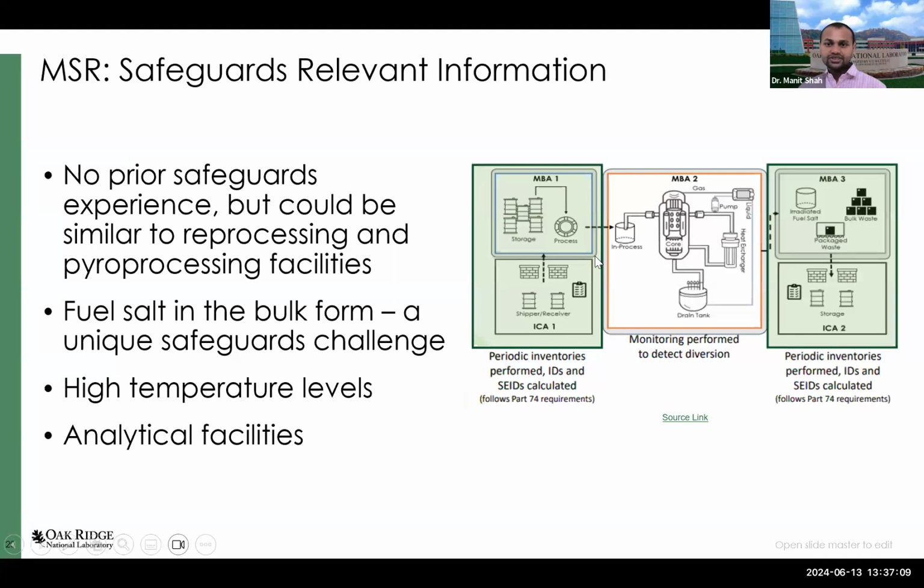The challenge lies in verifying what is being fed into the reactor and verifying the burn-up levels of the discharged fuel, while ensuring, if polishing and processing systems are present, that there is no misuse or diversion occurring from those connection points.